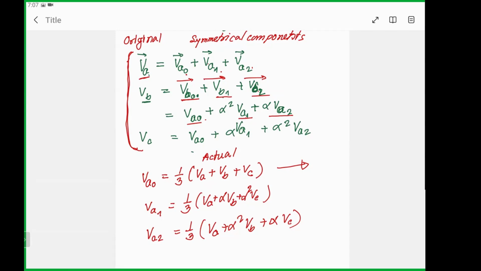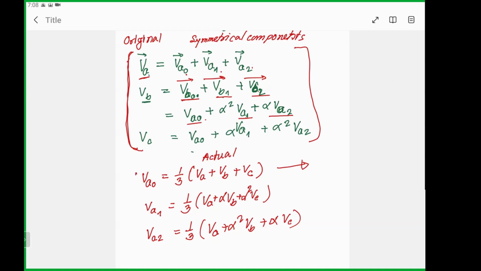That means VA, the phase voltage of A, is decomposed into three components: VA0 is the zero sequence component, VA1 is the positive sequence component, and VA2 is the negative sequence component. So this relation is relating the phase voltage with the three symmetrical components. Each phase voltage is expressed in terms of symmetrical components.